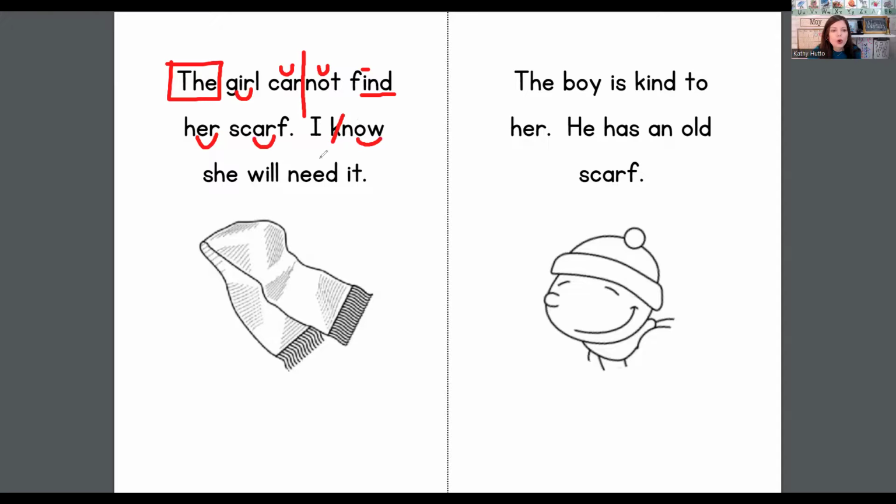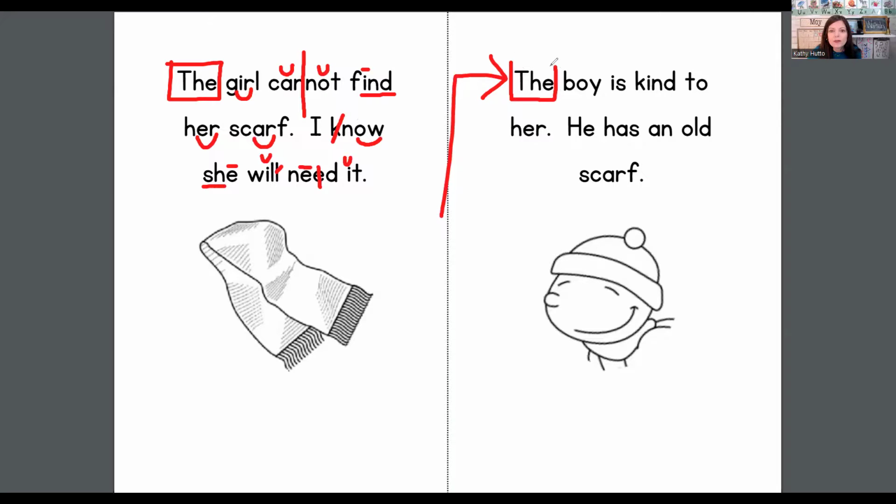No. She. Will. Need. It. All right, next page.